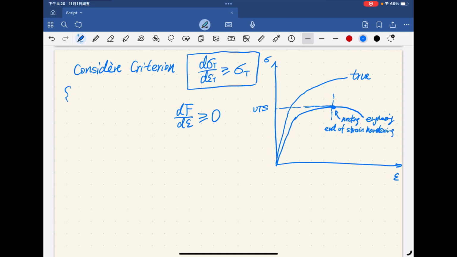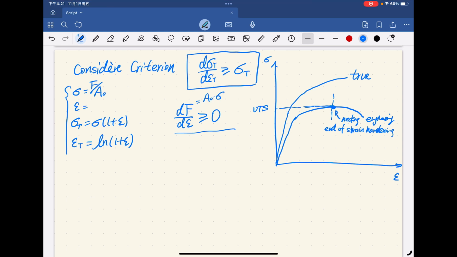So first, let's recall these expressions of stress and strain. Engineering stress, engineering strain, true stress, true strain: sigma t equals sigma times 1 plus epsilon, and epsilon t is ln of 1 plus epsilon. Engineering stress is the external force divided by the original cross-section area, A0, which is a constant. So in this expression, the force equals A0 times sigma.